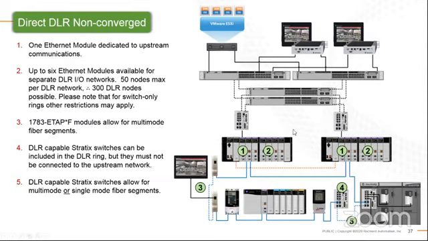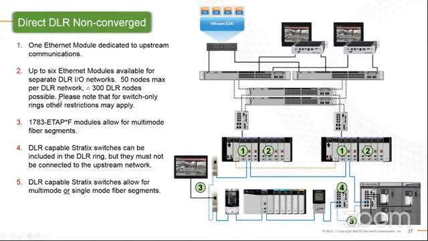We do have architectures where you can support a device level ring or parallel redundancy on the upstream network directly, but typically this depends on how the overall system looks and how big the system is. So quick recommendation, you want at least 1 upstream segregated network in most cases.